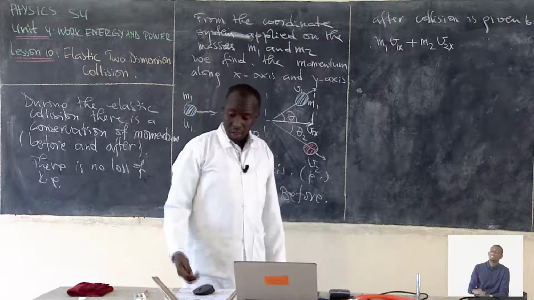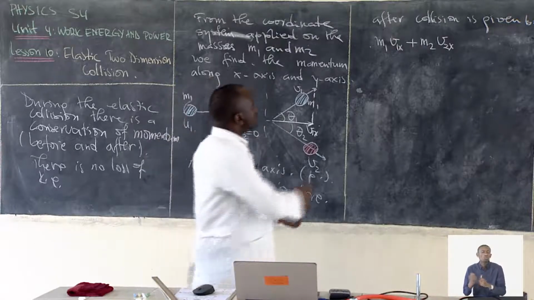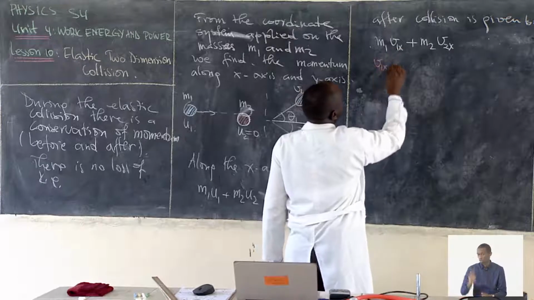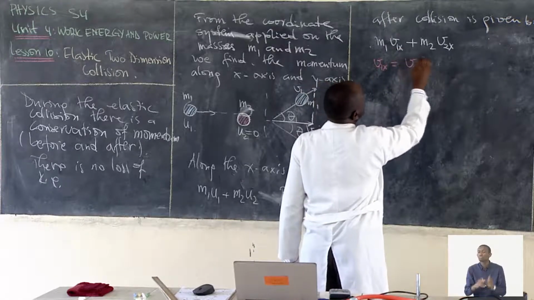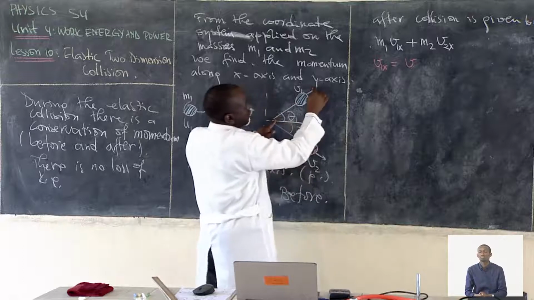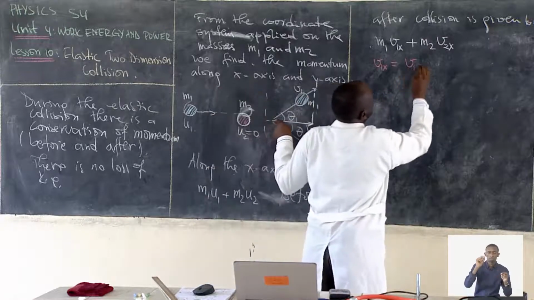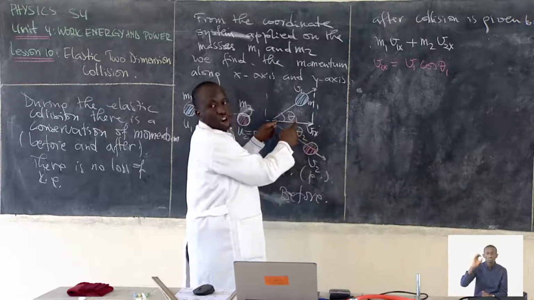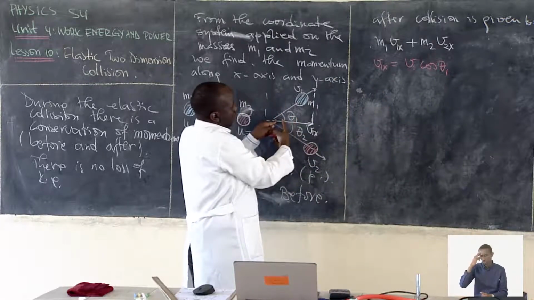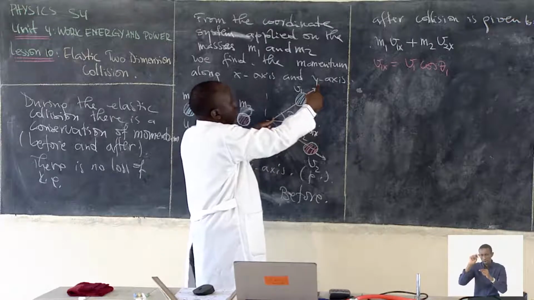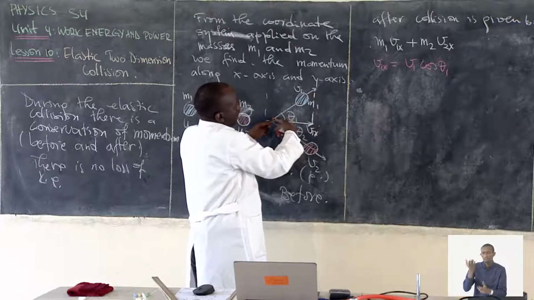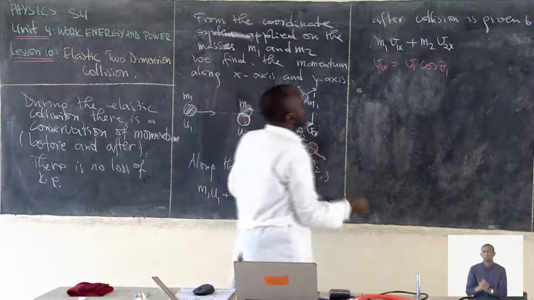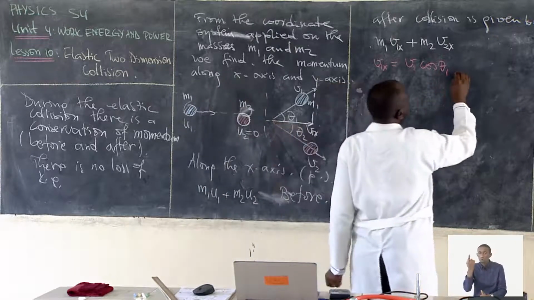Then V1x will be equal to V1 cosine theta 1, because that is the angle that we have here. This is the hypotenuse, and this is the adjacent side, so we find V1 cosine theta 1.